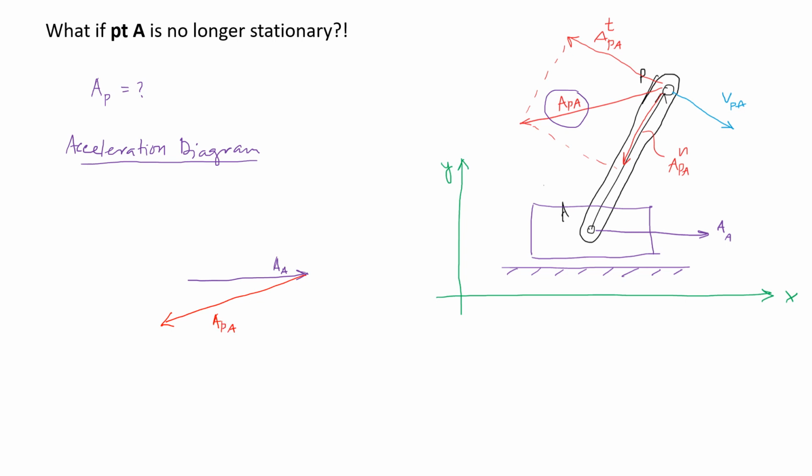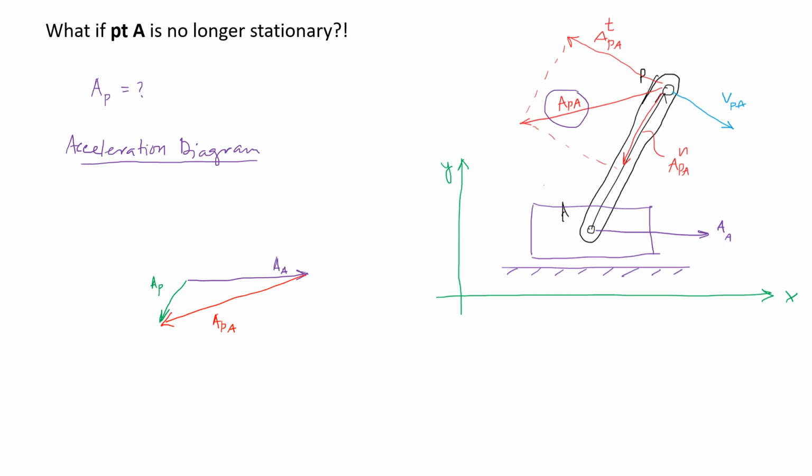And now using the resultant vector principle, I can draw, using a different color, the resultant vector, which actually is the acceleration of point P when you have a moving point A in your case.